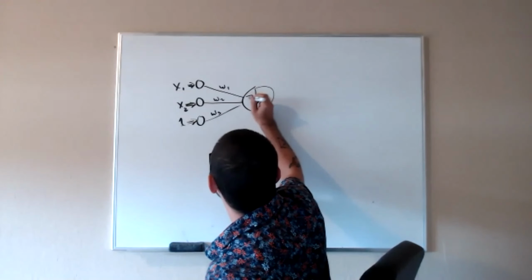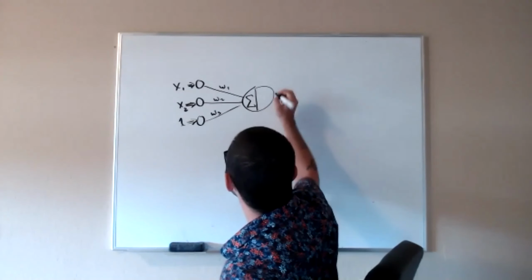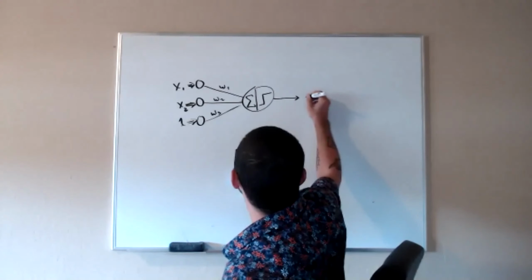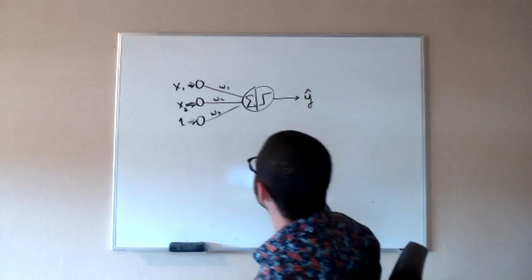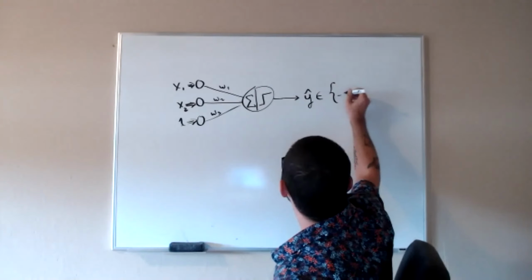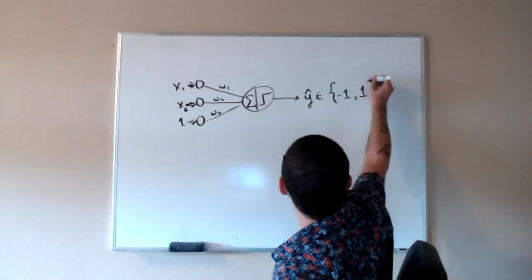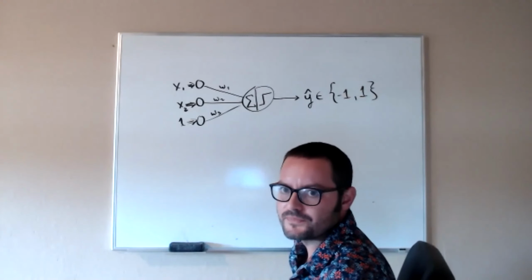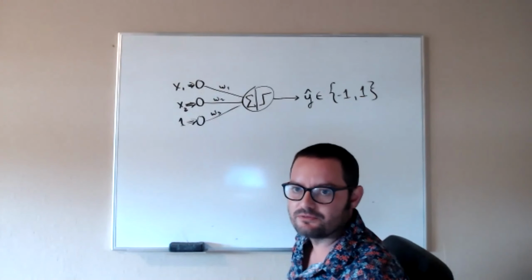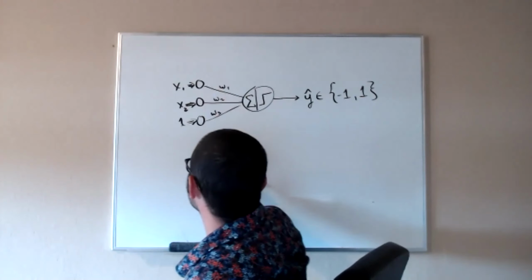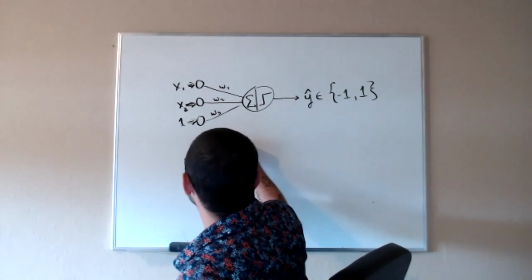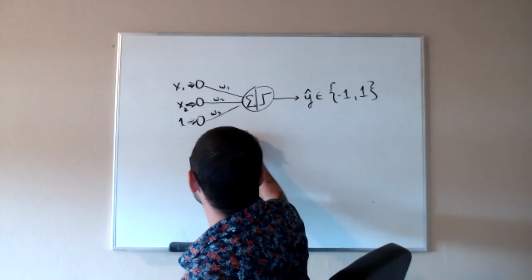We take a linear combination of those, and then we apply the sign function. That gives us a prediction, which is either -1 or 1. Notice that we have to change the size of x in order to make this dot product work. x is equal to x1, x2.